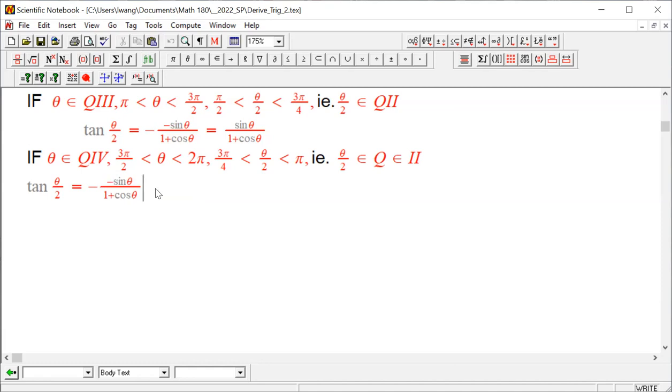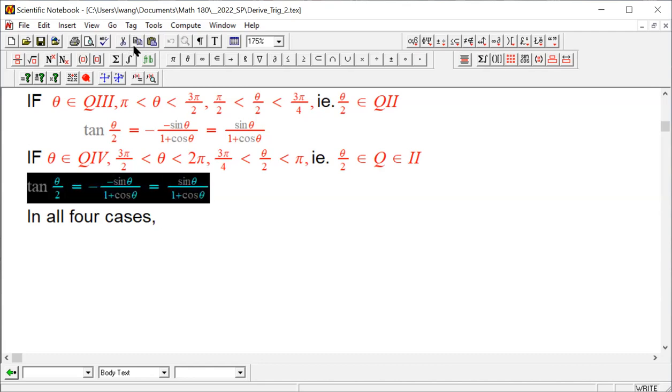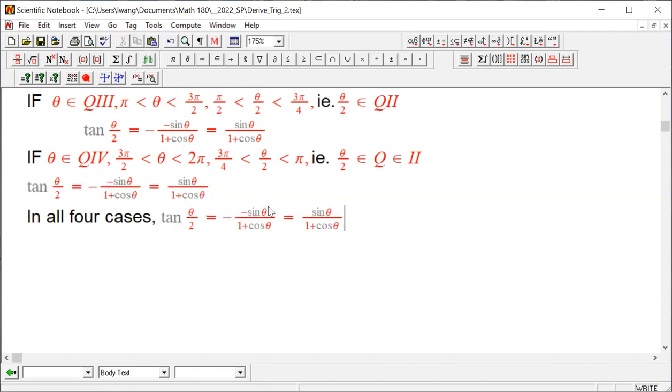The absolute value of a negative is its opposite. So once again, we get the same answer. So in all four cases, whether theta terminates in the first, second, third or fourth quadrant, we get the same thing.